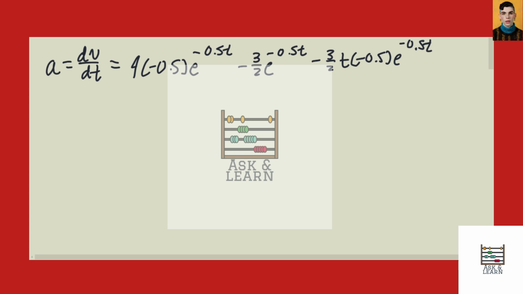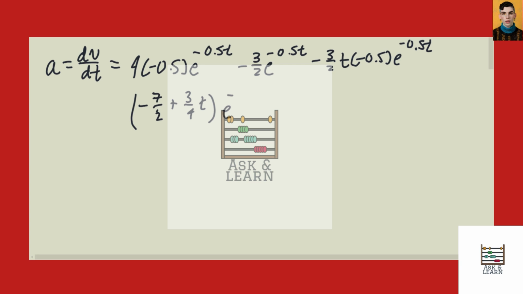So we have a minus 2 minus 3/2, which is just minus 7/2. And then on the right side, we have minus 3/2 t times minus 0.5. This will just evaluate out to positive 3/4 t. All of this is being multiplied by e to the minus 0.5t.